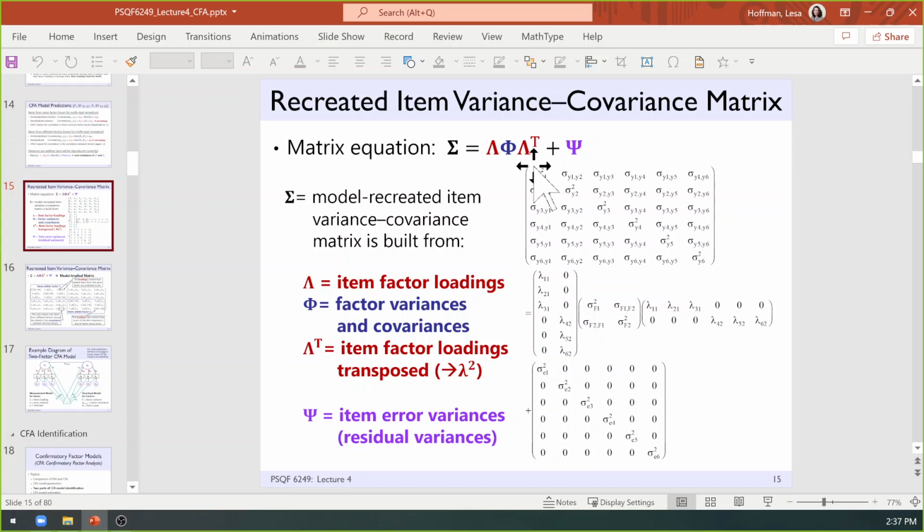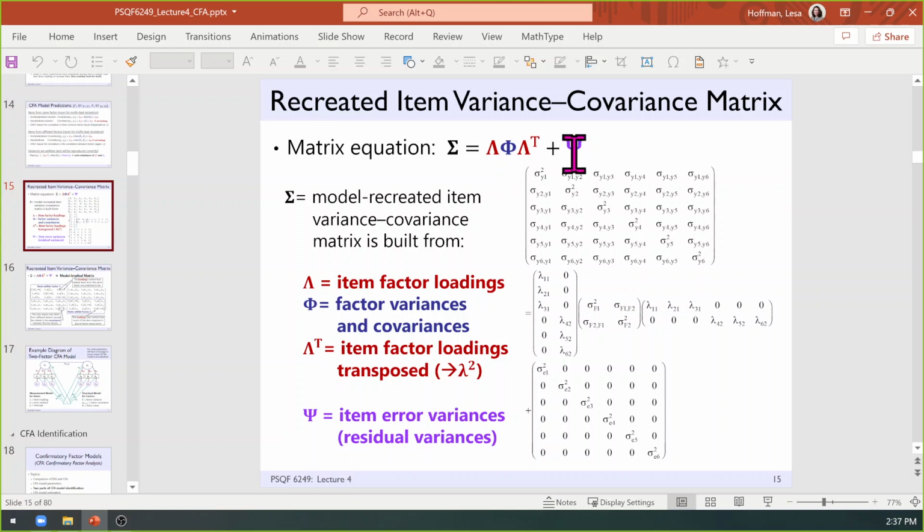So by the way, whenever you see this type of pattern of something times something and then the first thing is transposed, think squared, because that's what's happening here. Lambda squared times the variance of the factor. This is how it looks in matrix version. So we're squaring the loadings here.